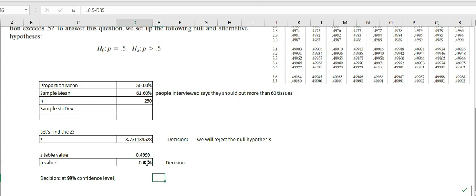It's 0.01, so since it's 0.008, we just wanted alpha 0.01. Let's make this one a decimal.